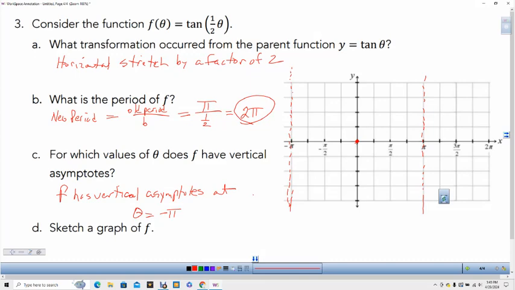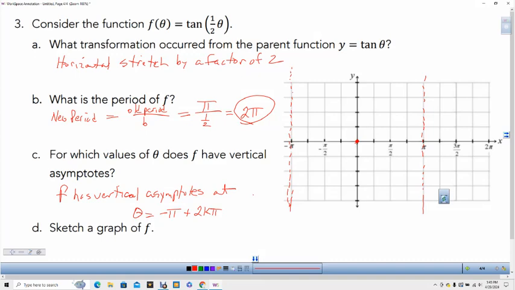That means that we're going to have a new vertical asymptote every 2 pi. We can actually write this in one statement and include every single one that there is. We can just do plus 2k pi, or k times 2 pi, or 2 pi k, whatever, multiplication, it doesn't matter what order you put those in.